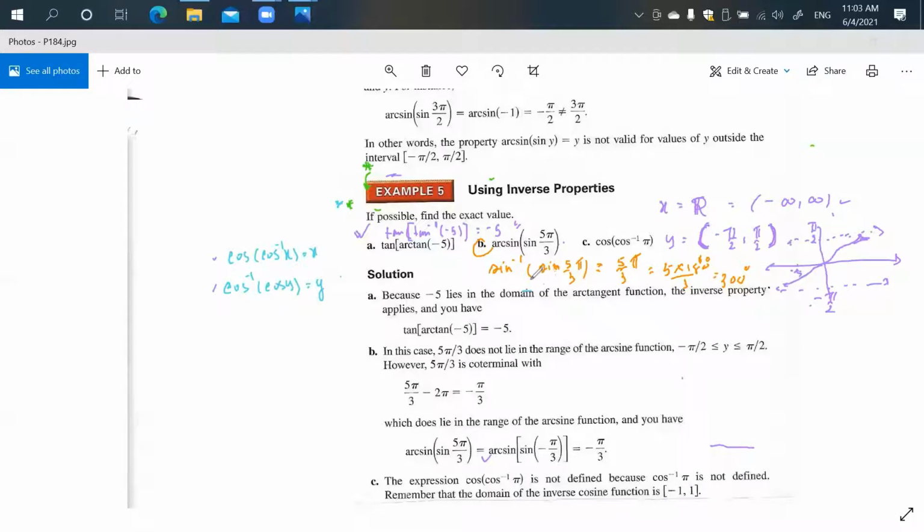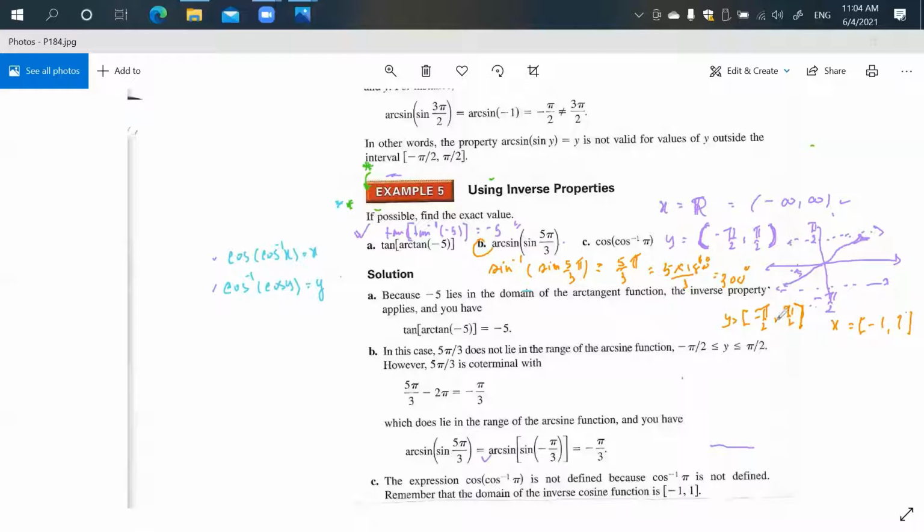Because for the restriction of sine, arc sine is closed, right? For y, it is negative pi over 2 to pi over 2, closed, closed. And then the domain is what? The domain should be closed, negative 1 and 1.